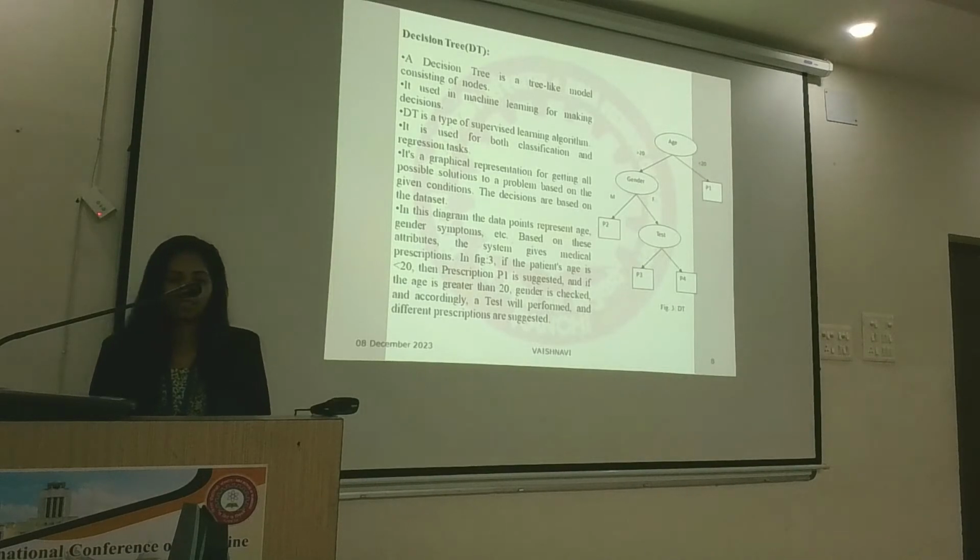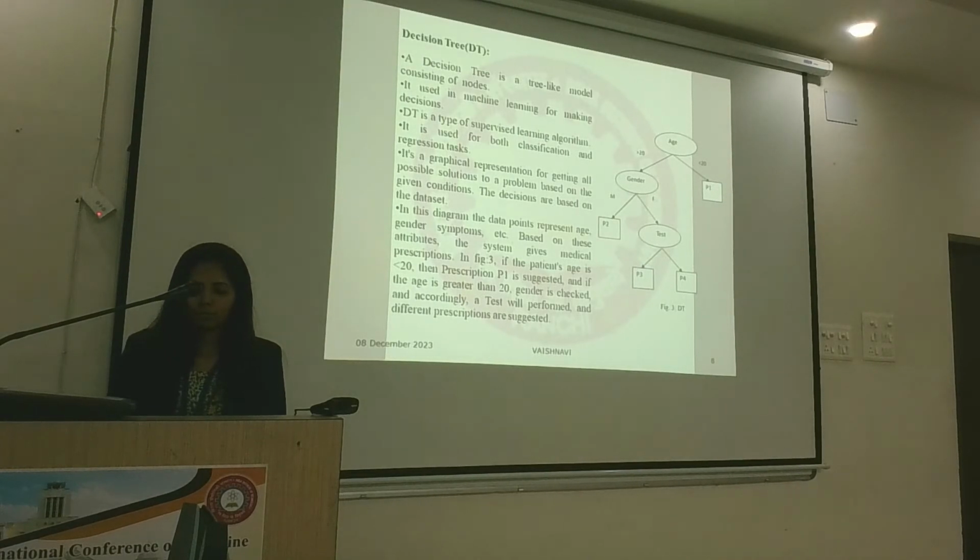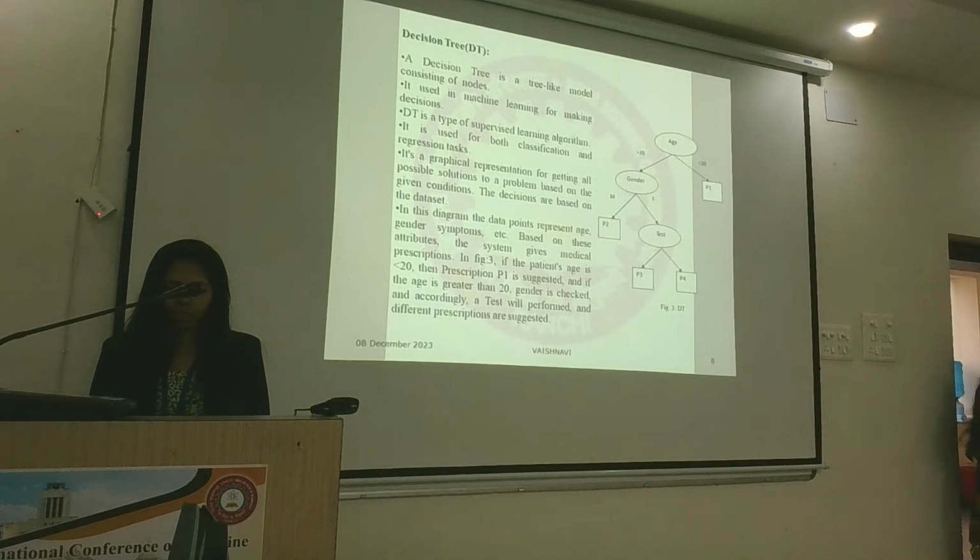Next, decision tree. A decision tree is a tree-like model consisting of nodes. It is used in machine learning for making decisions. Decision tree is a type of supervised learning algorithm. It is used for both classification and regression tasks. In this diagram, the data points represent age, gender, symptoms, etc. Based on these attributes, the system gives a medical prescription in figure 3.